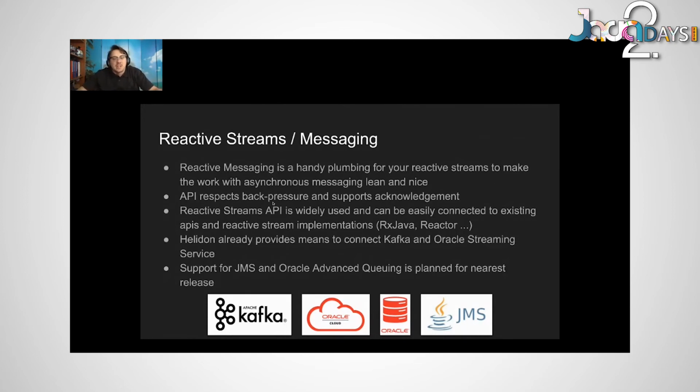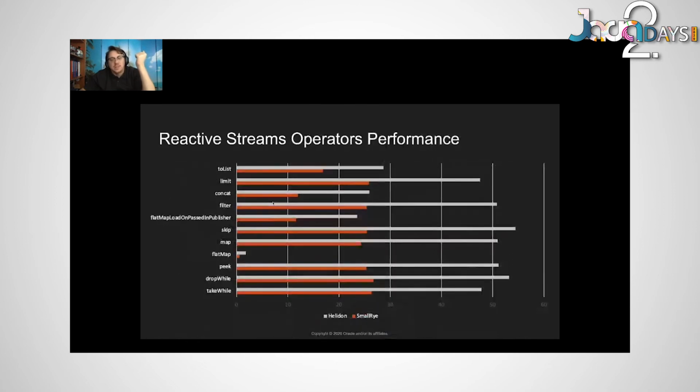But once again, we don't need them because we have our own, and they are extremely fast. They already support JMS and Oracle Advanced Queuing out of the box. As I say, extremely fast. If you take a look at this graph, there's another competitor, which is small, right? And we outperform it twice.